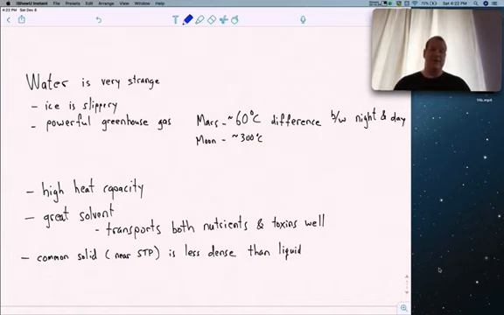Water is also a very powerful greenhouse gas. It is the greenhouse gas on Earth, accounting for about 90 to 98% of the natural greenhouse effect. It depends on whether you include cloud coverage or not. If you include the clouds, then water accounts for about 98% of the natural greenhouse effect of the Earth. And that's also slightly to say what causes global warming.